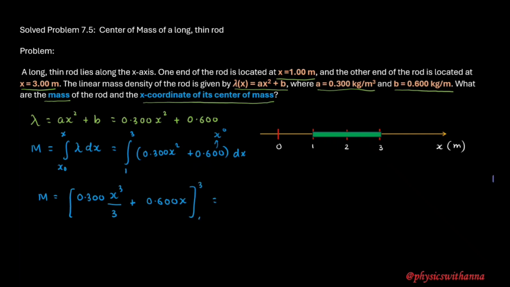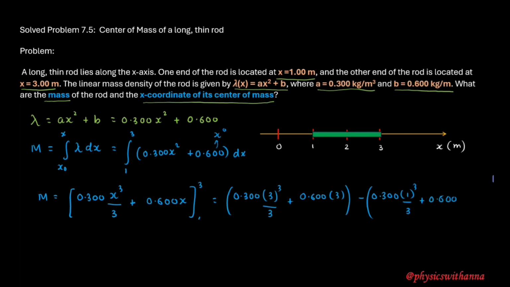Then we substitute the limits. We have to do upper limit minus the lower limit. First, in place of x, we substitute the upper limit, which is 3. Then in place of x, we substitute the lower limit, which is 1. So we get 0.3 times 3 cubed over 3 plus 0.6 times 3, minus 0.3 times 1 cubed over 3 plus 0.6 times 1.